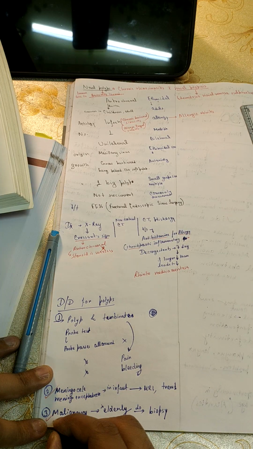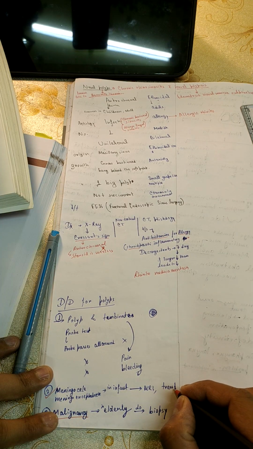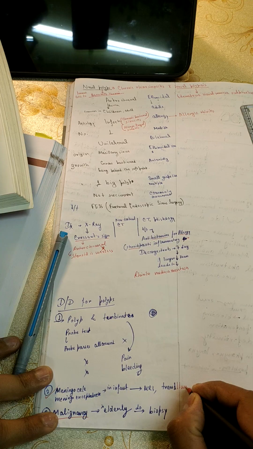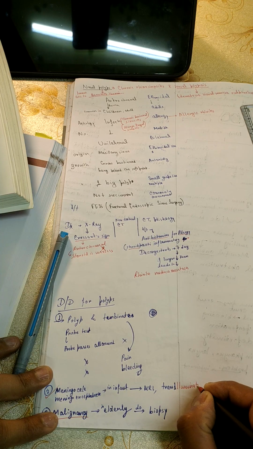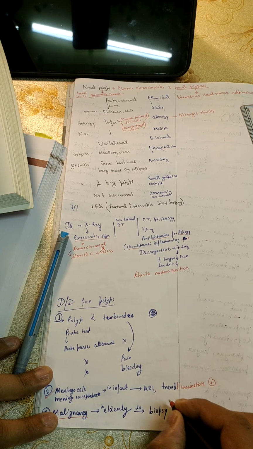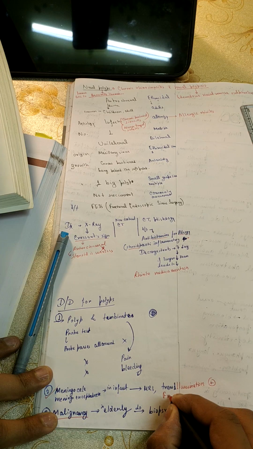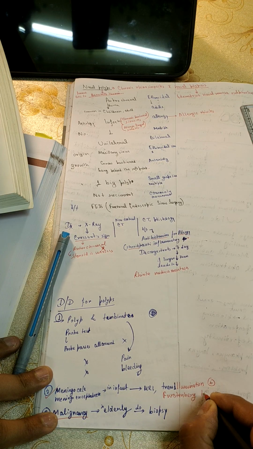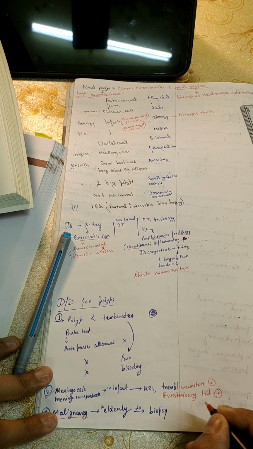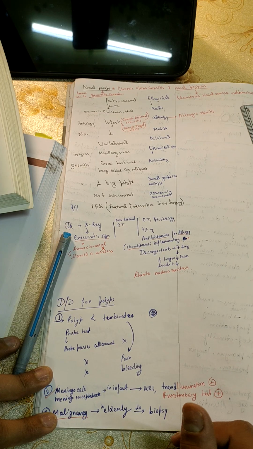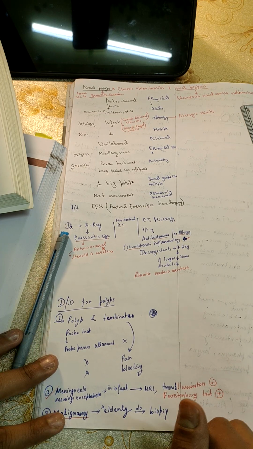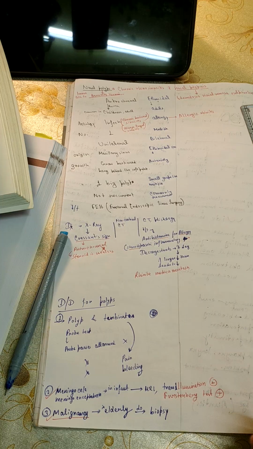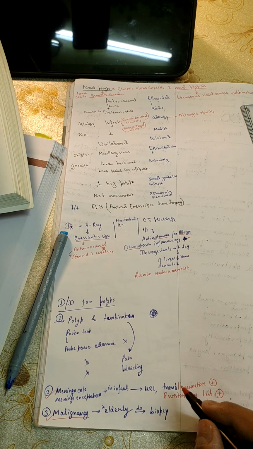Transillumination positive and Furstenberg test positive. And MRI for polyps.